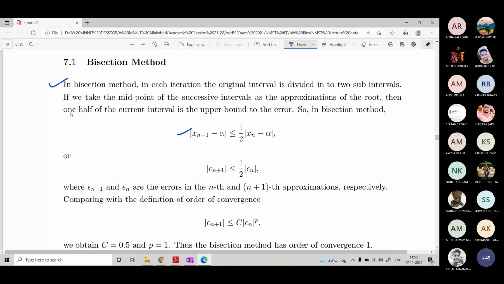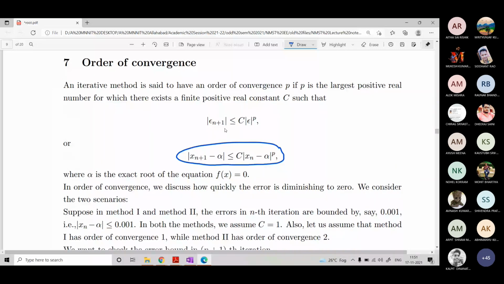What was the definition of order of convergence? It was this: mod of xn plus 1 minus alpha is less than or equal to c times mod of xn minus alpha to the power p. That p value is called the order of convergence, and here c has to be a positive number.